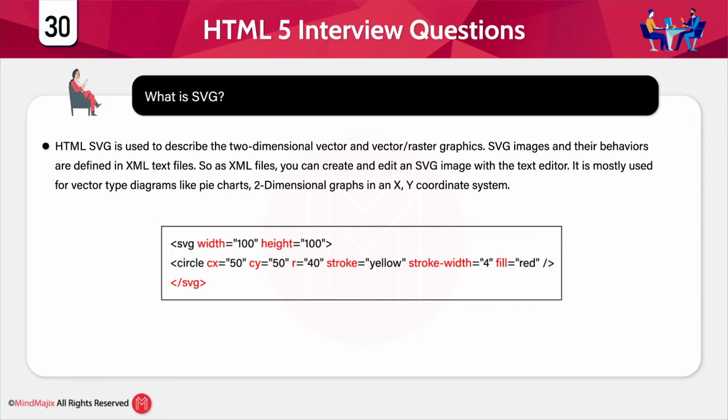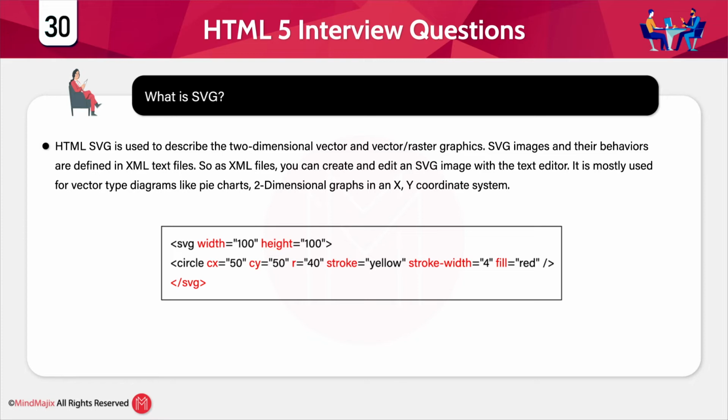It is mostly used for vector diagrams, like pie charts. If you want to display statistical data on the web page in terms of data visualization, data visualization is to present the data in terms of charts, different charts, pie charts, bar charts, line graphs. Then we can go for SVG. Then the end user can understand the statistical data quickly.